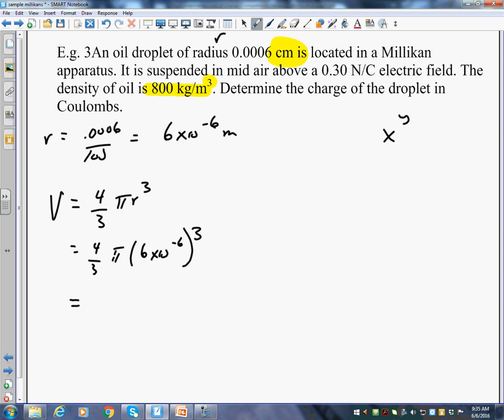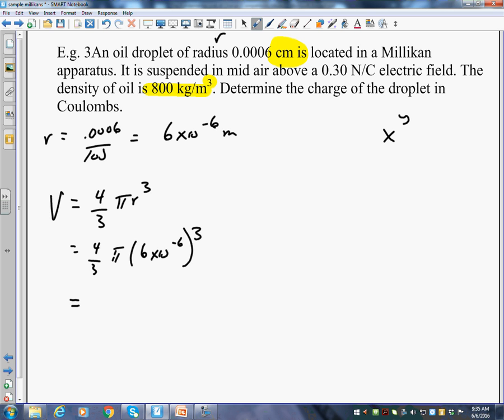Okay, go ahead, get your calculator out and give it a whirl. 4 divided by 3 times pi times 6 times 10 to the minus 6 cubed equals. I lost you at pi, Josh? Sometimes it's hidden under a second function.